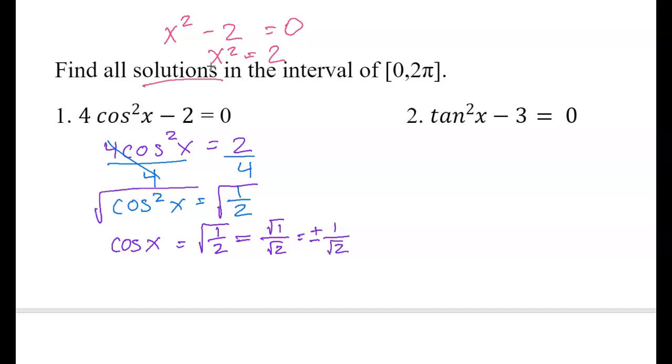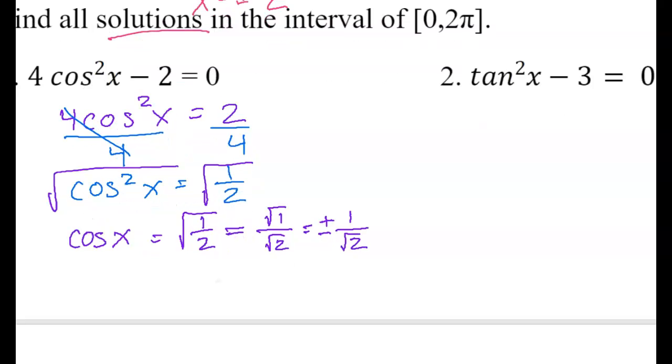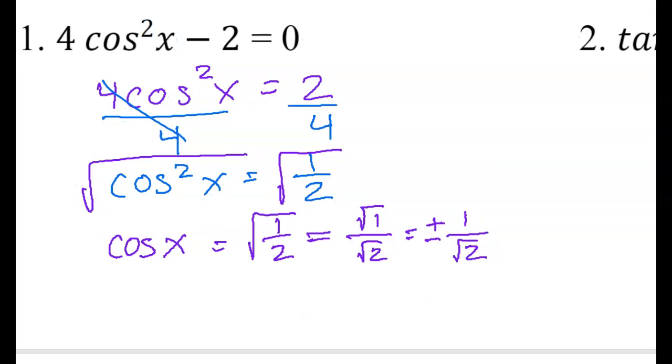Would you find that as the x value on your unit circle? You cannot have a square root in the denominator, so you have to rationalize the denominator. This is going to pop up a million times. Anytime you have a square root in the denominator, you multiply by the square root over the square root, and it becomes, in this case, square root of 2 over 2.